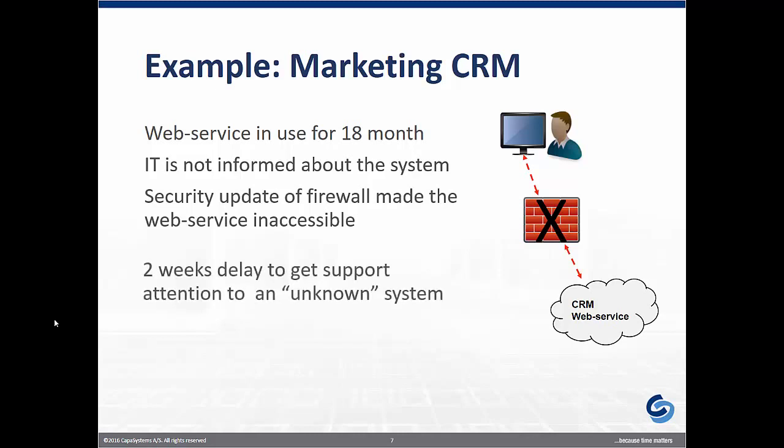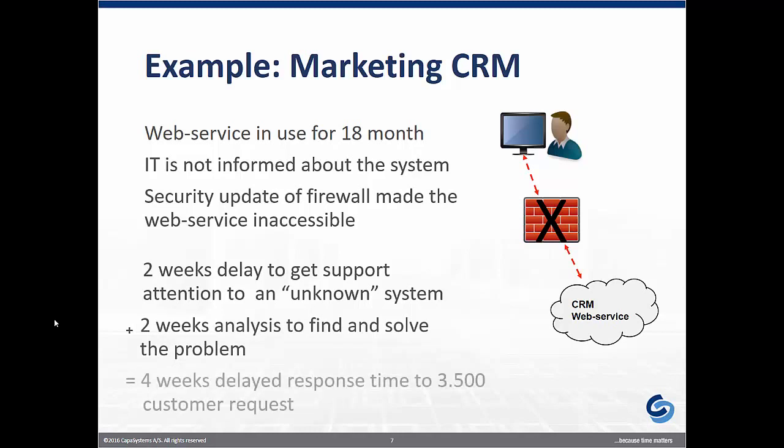The rest of the story is all about managers getting furious over being ignored by IT support, and over the amount of time it took to find and solve the problem. To tell you the truth, it was also an opportunity for the IT department to make an example of what happens when procurement of IT is done by people without the technical insight.